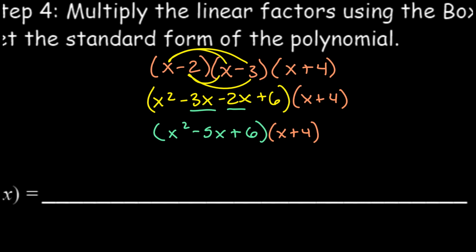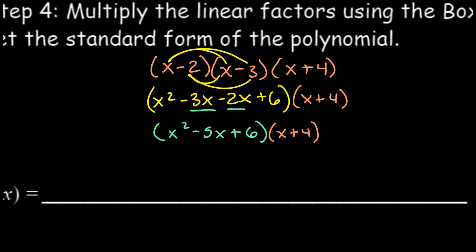So now I need to distribute everything here. I know that this really doesn't matter, but I like to think of distributing the smaller termed parenthesis to everything else. You can do it the other way. You can distribute the x squared to x and 4, distribute the negative 5x to x and 4, and distribute the 6 to x and 4.